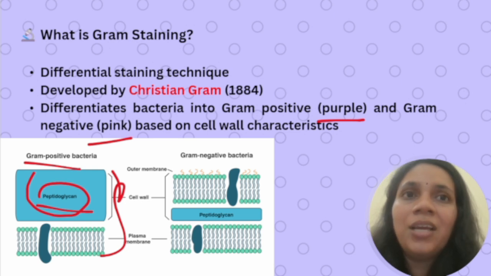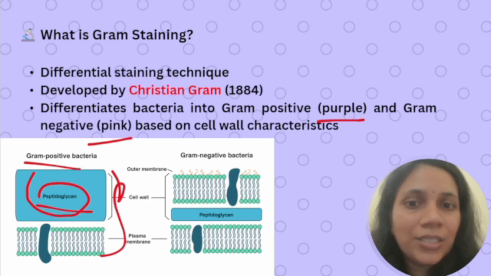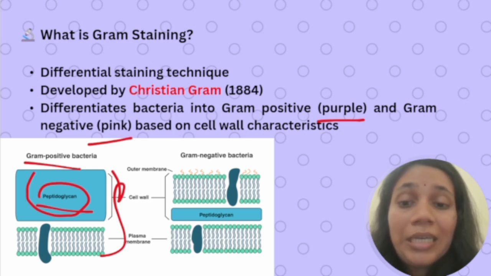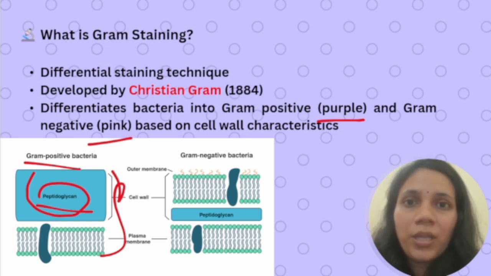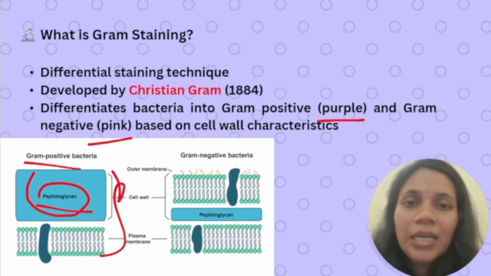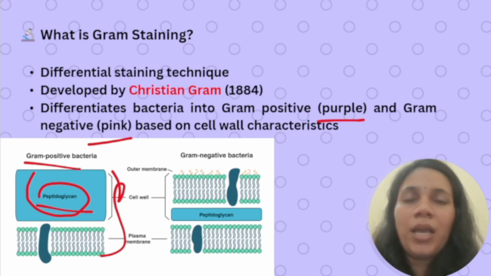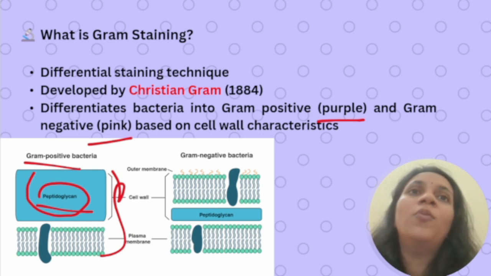In decolorization, the decolorizer we use is alcohol or acetone. It dehydrates the peptidoglycan, and the complex between crystal violet and Gram's iodine is trapped within the peptidoglycan. When we add the decolorizer, it does not allow this complex to be washed off from the cell wall.